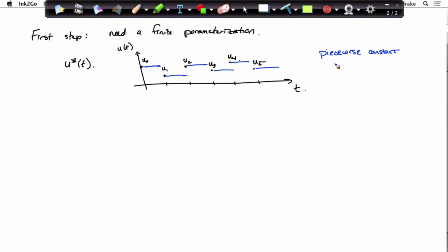Or zero order hold, also known as the zero order hold approach, right? Another totally reasonable approach would be to say that the function is piecewise linear between these points, right? That would be the first order hold.